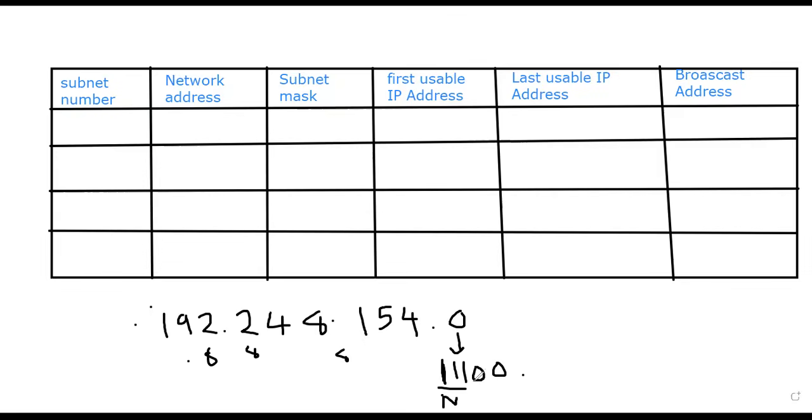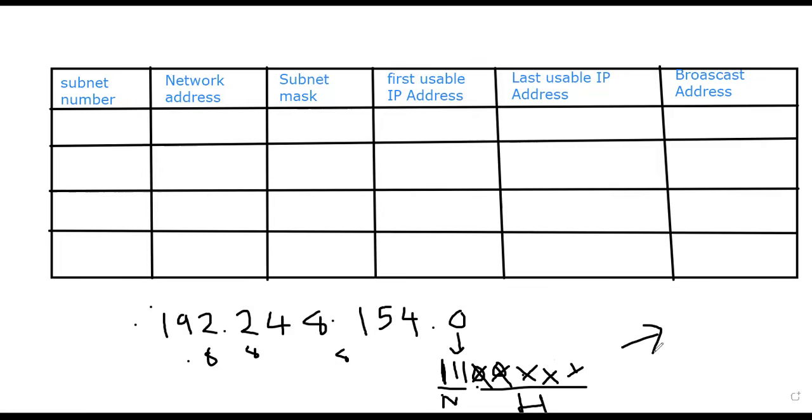1, 2, 3, 4, then 5. So these remaining 5 bits will be for the host, right? If we have 5 bits for the host, how many IP addresses are possible? That is 2 to the power 5, which is 32 IP addresses.